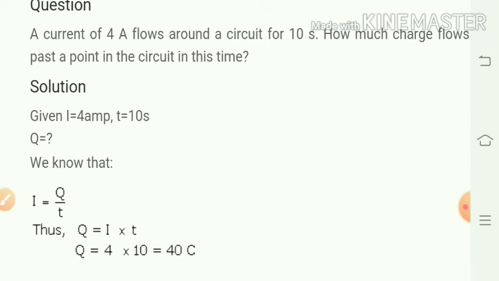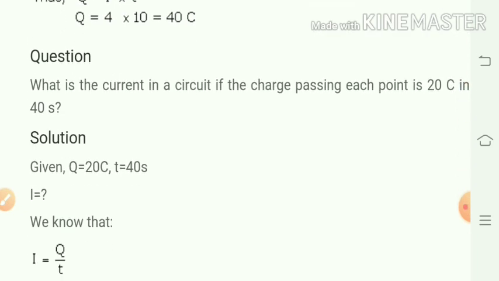A current of 4 ampere flows around a circuit for 10 seconds. How much charge passes through a point in the circuit in this time? Given that I is 4 ampere, T is 10 seconds, and we have to find out the charge, Q. As we know that Q is equal to IT, we can find the value 4 into 10, which becomes equal to 40 coulomb.